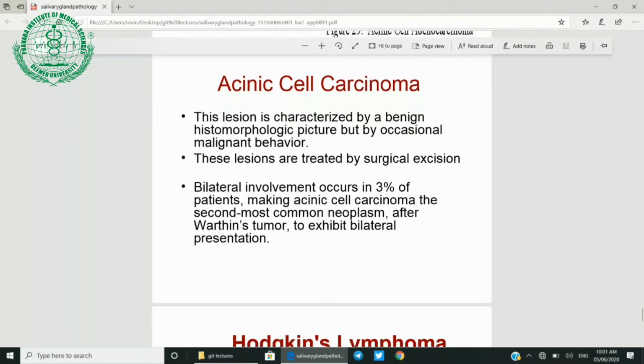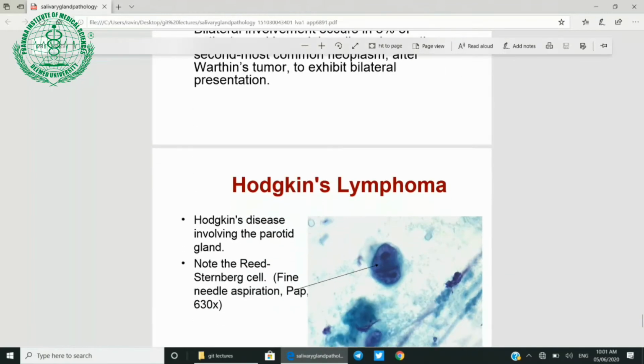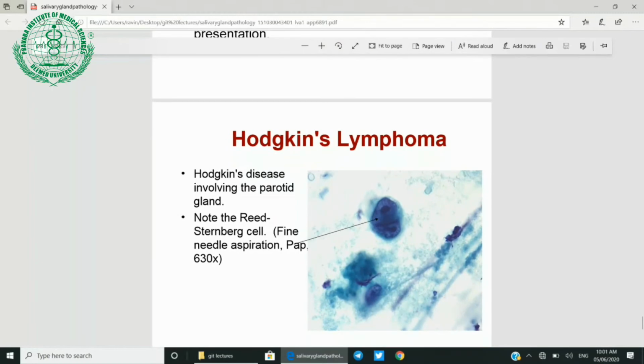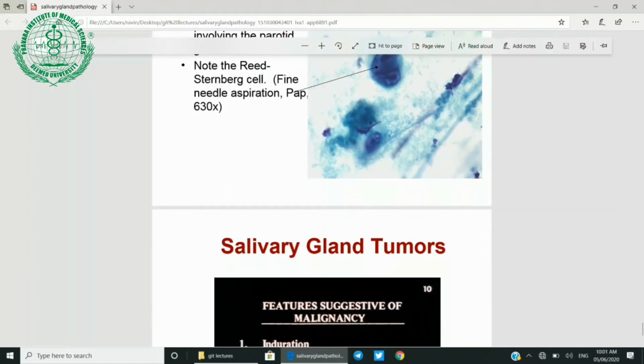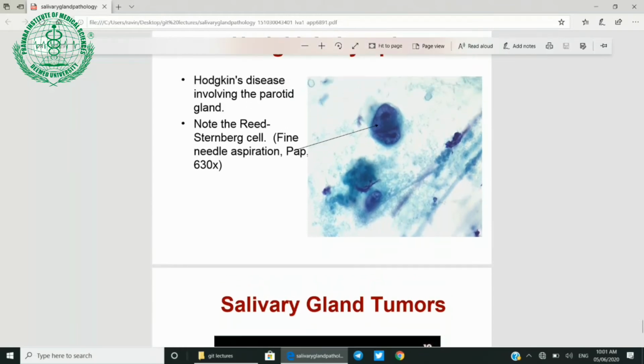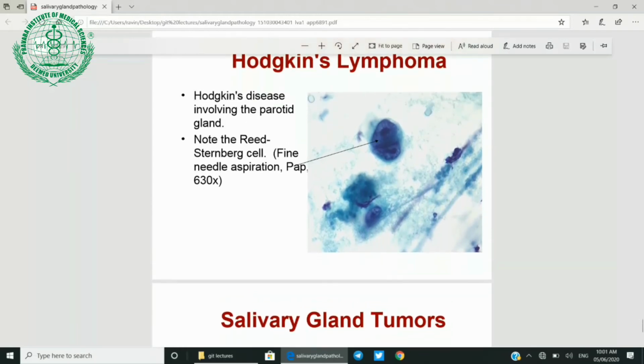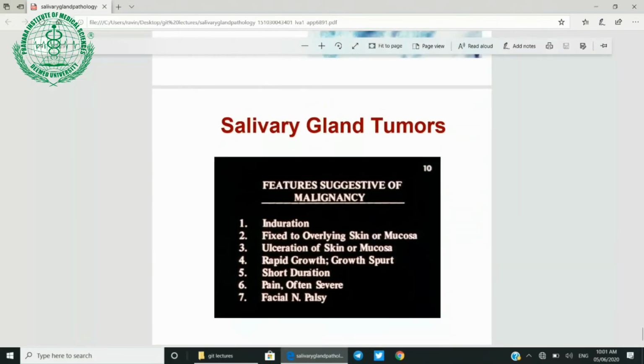The feature of this tumor is that the cells may look very benign, but they have a malignant behavior, and these lesions are mostly treated by surgical excision. Lymphomas can also occur; Hodgkin disease is quite common in the parotid gland.